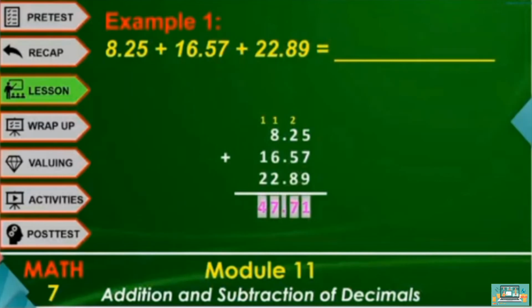Place the decimal point. Therefore, 47 and 71 hundredths is the answer.